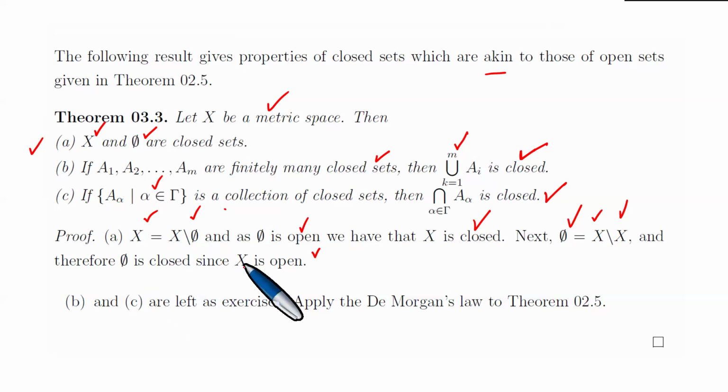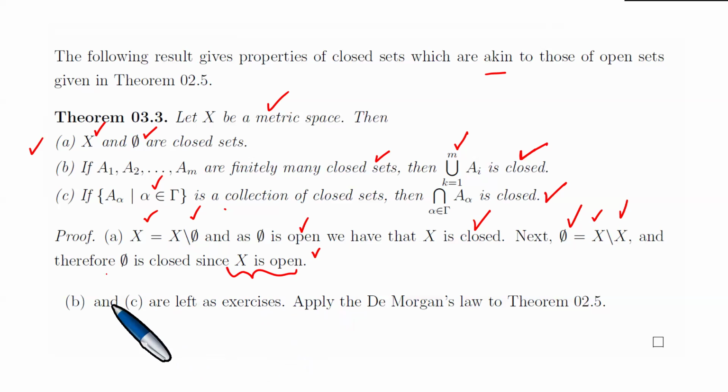The fact that X itself is open was established a long time ago: in the entire metric space, every element is itself an interior point, making the metric space open. That was established long ago, and I'm sure we'll reinforce it.